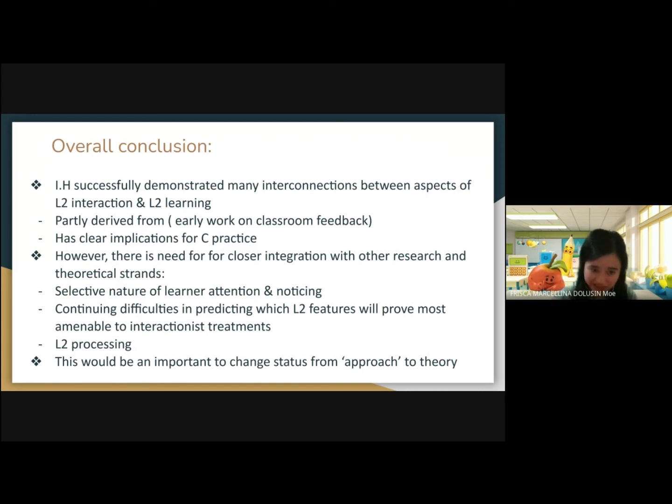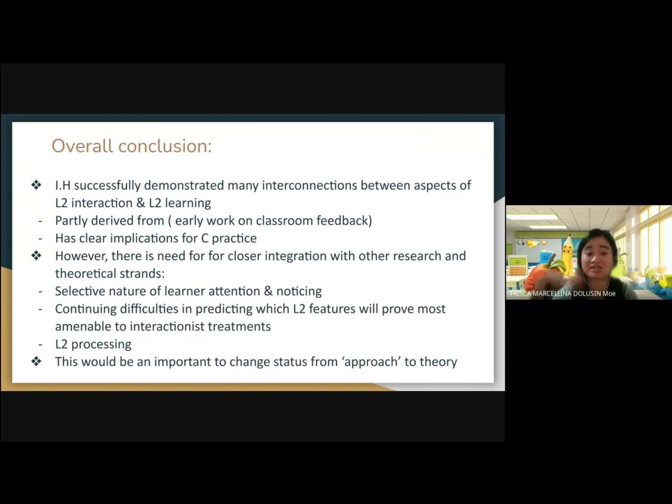However, there is a need for closer integration with other research and theoretical strands, such as the selective nature of learner attention and noticing, as presented earlier, and the continuing difficulties in predicting which second language features will prove most amenable to interactionist treatments. Okay, which ones can be treated. And then also they are looking into second language processing.